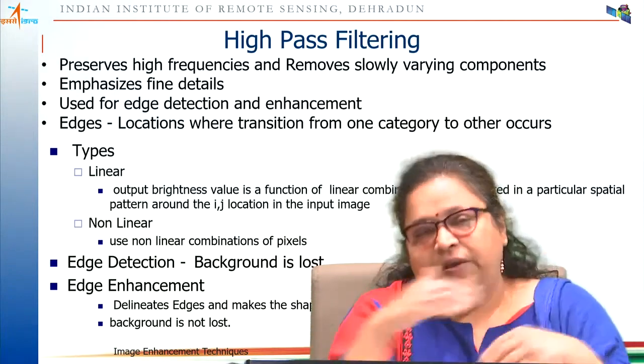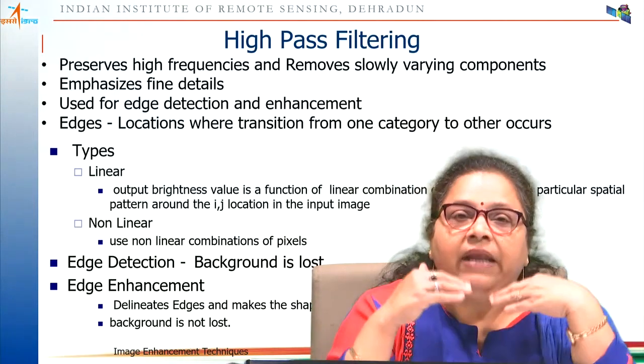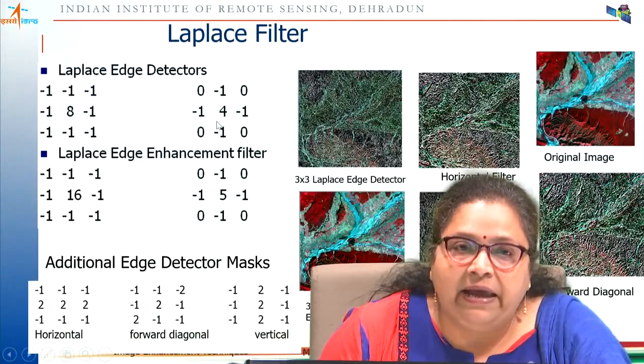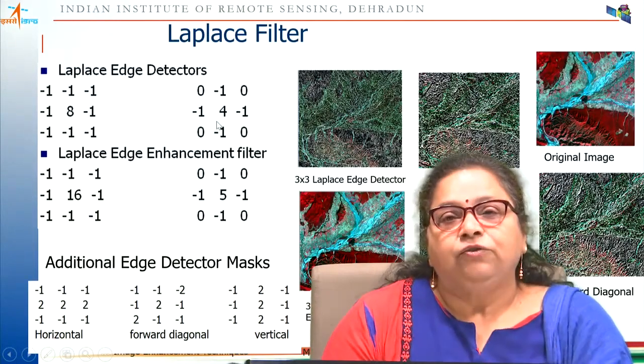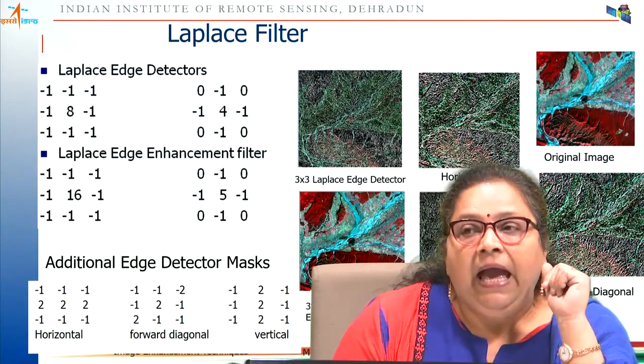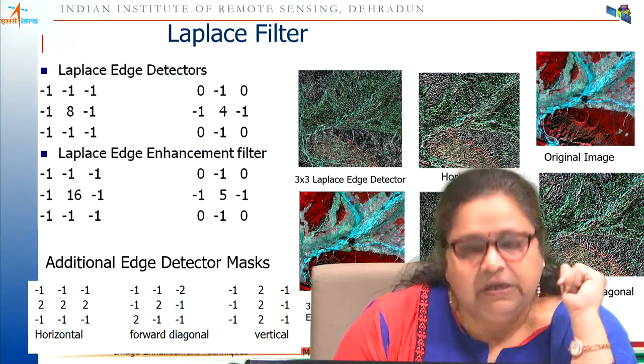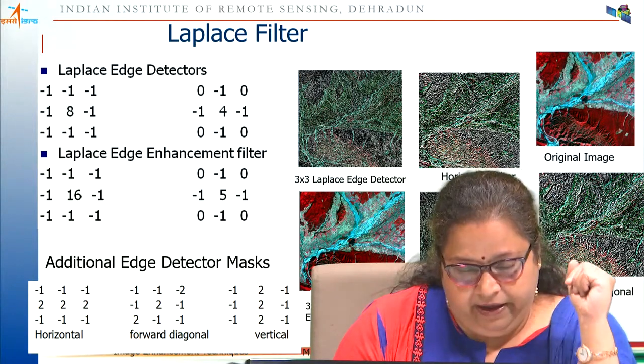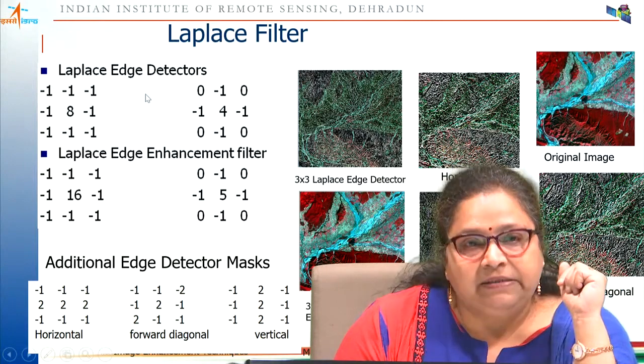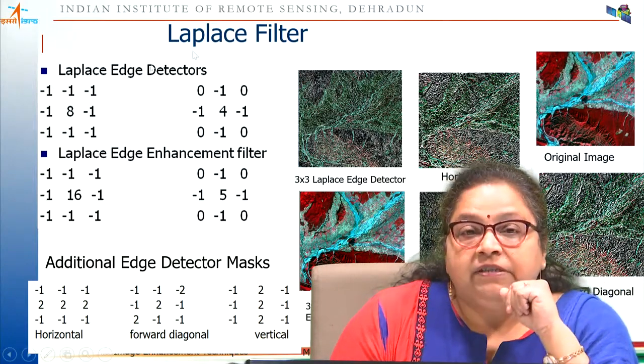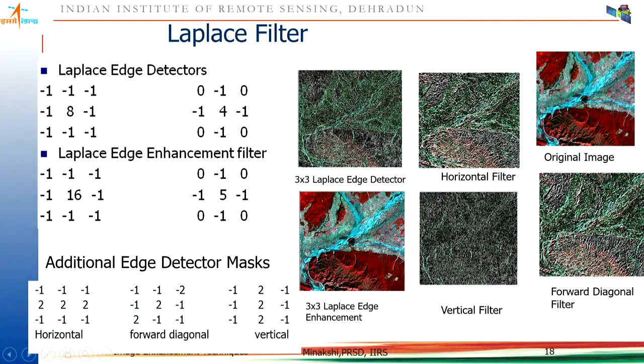The edges, locations where we have a boundary. So in fact, we are highlighting boundaries. Right? So the most commonly used high pass filter is the Laplace high pass filter, Laplace edge detector, which is an omnidirectional filter which will detect edges in all directions.